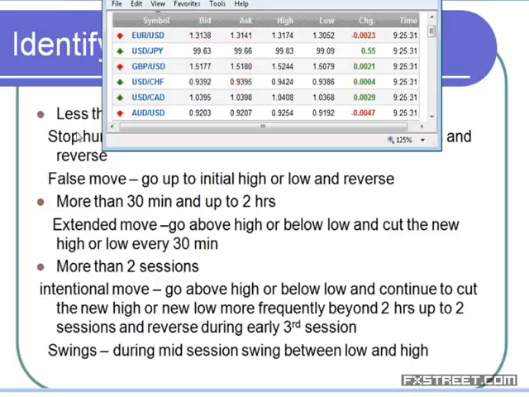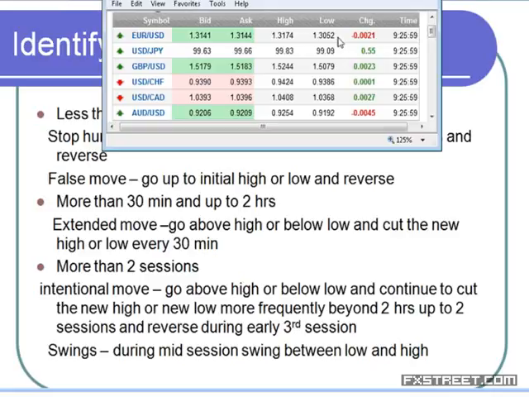So how to differentiate a stop and move from the extended move? In a stop and move, they just go below the initial low, and in less than 30 minutes come above the initial low and stay above. That is a stop and move. Normally this stop and move, they do it during the session start and session close times, or the early and the late sessions.